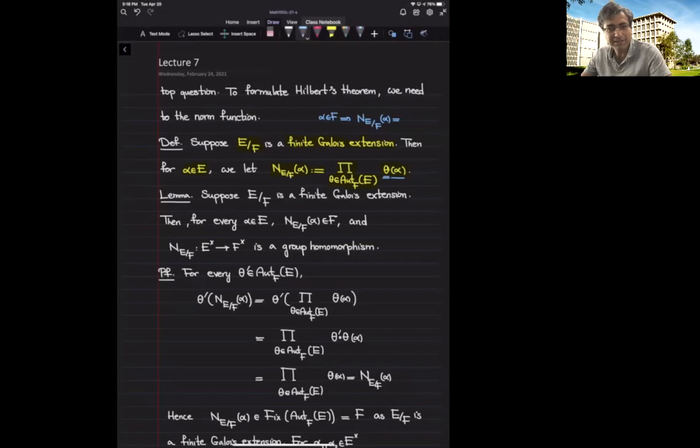But because it's a Galois extension, the cardinality of the Galois group is precisely the degree of this field extension. So for every element inside the base field, the Galois norm of the element is alpha raised to the power of the degree of the field extension. Okay, this is a useful example to have in mind.